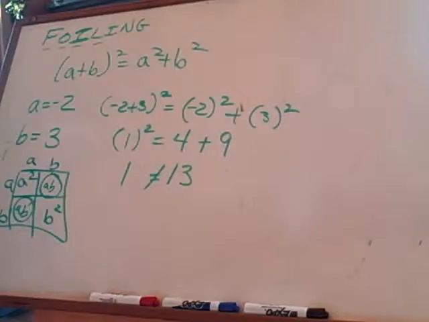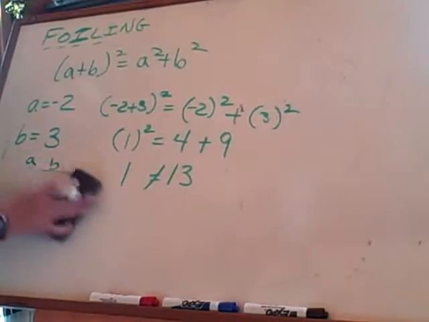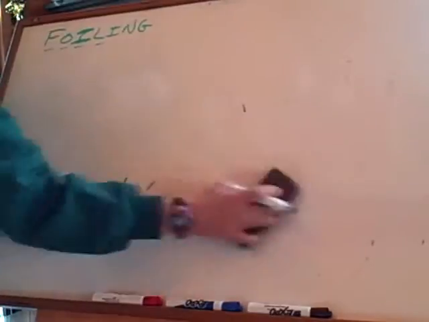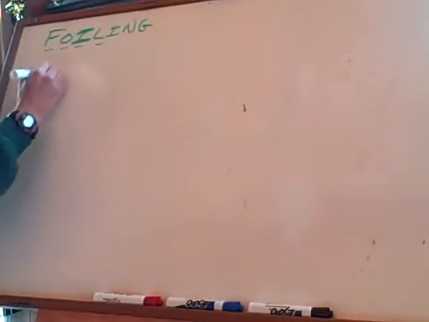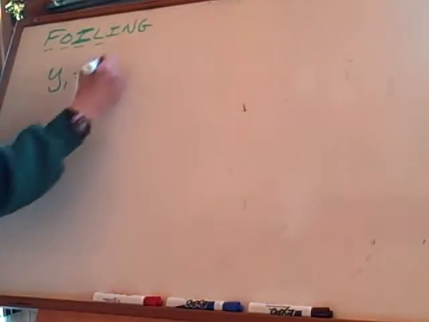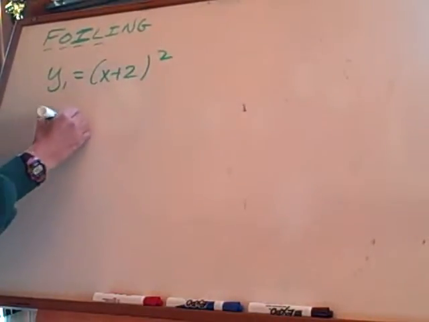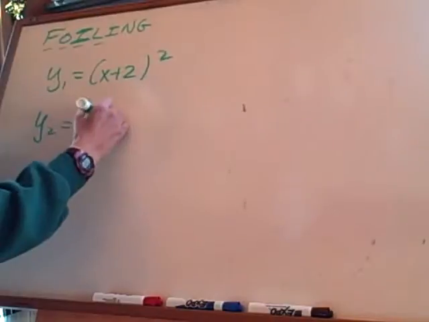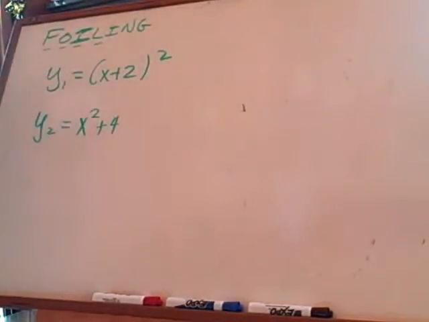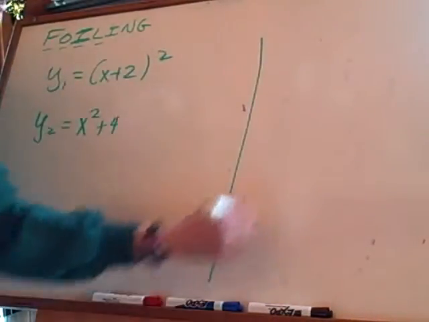Let's look at it graphically. We're going to graph these two things on your paper real quick. So it says let B equal 2. So let me erase this. And we're going to put in y sub 1 equals (x + 2) squared, and y sub 2 equals x squared plus 4. Well, let's just remember how to graph here real quick.